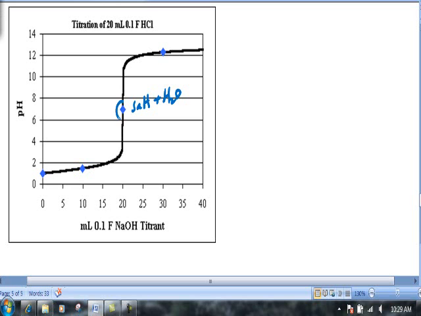We can see right here for the strong acid, strong base titration, we have a pH of 7 at the equivalence point. If we extend from this point down, we can see that we reached this point by having added 20 milliliters of NaOH. So graphically, we can get the volume of NaOH that was utilized to neutralize the acid when we use a titration curve.